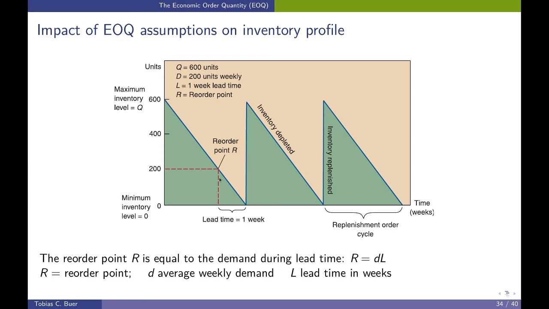So we order exactly at the reorder point R, the inventory reaches 0, and exactly in the same moment a new order arrives and the inventory is replenished to 600, and then this is repeated again and again until our year is full.